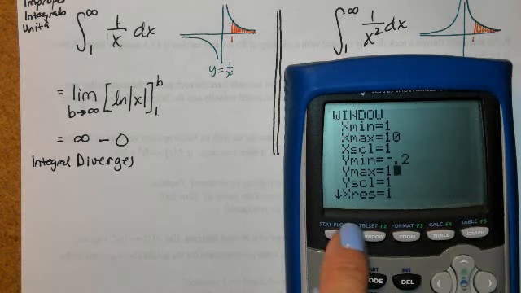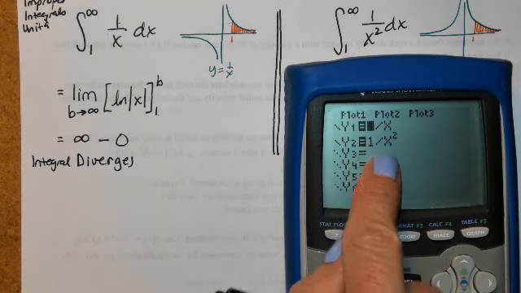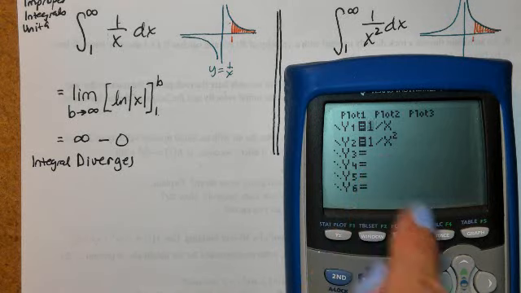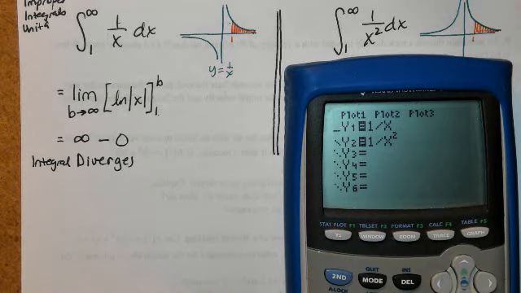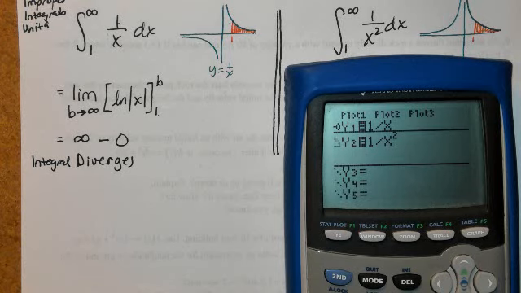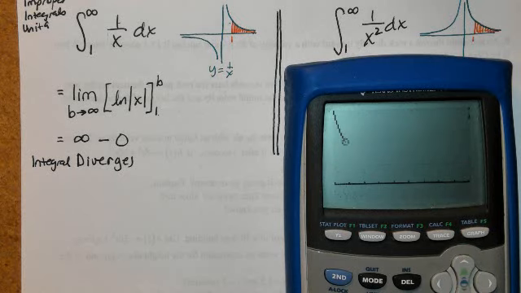The first thing that graphs is going to be 1 over x. The second thing that graphs is going to be 1 over x squared. So let's watch it graph, okay? Let's turn on our little bubble. There it is. Okay, ready? Here we go. So there's 1 over x. And as x goes to infinity, 1 over x goes to 0, right?